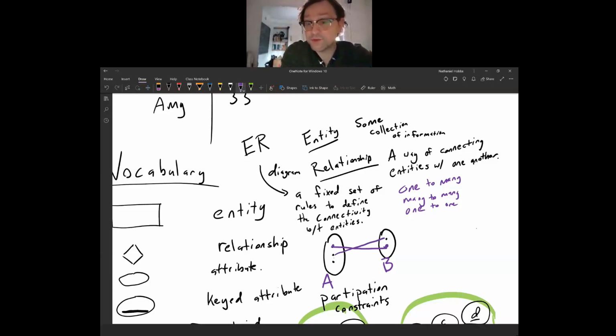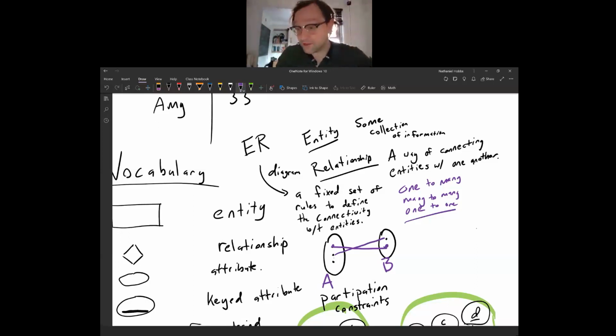A one-to-one relationship means that every element in A has to be matched with some element in B, a unique element. The unique element, that's not a requirement, it's a consequence.